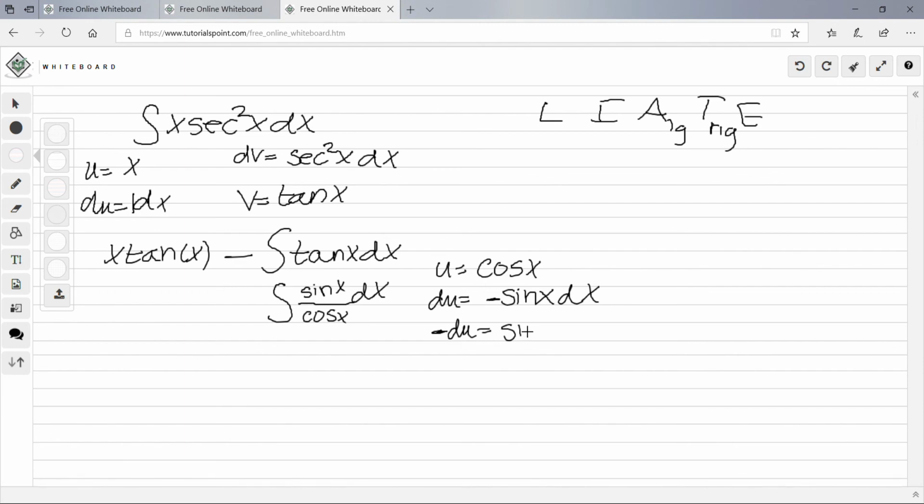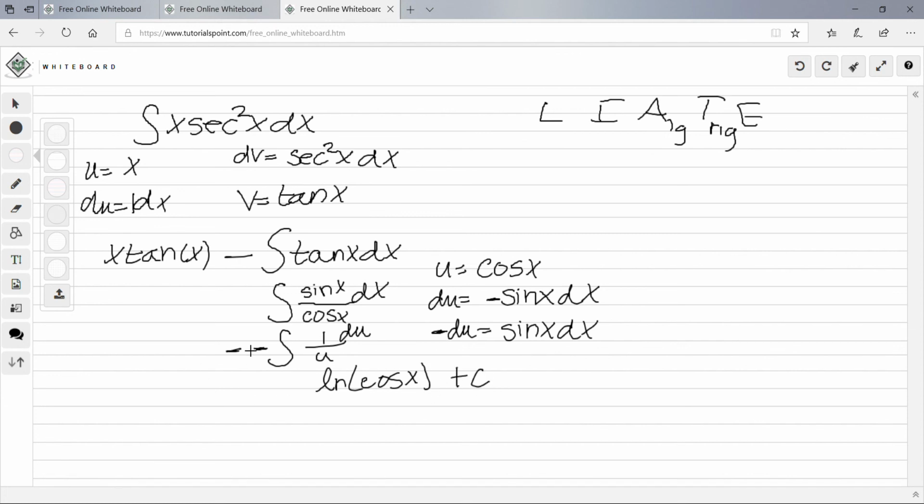So now that we have a sine x dx, good. So let's put that negative in front. So negative, and then don't forget this negative. So it's 1 over u times du.